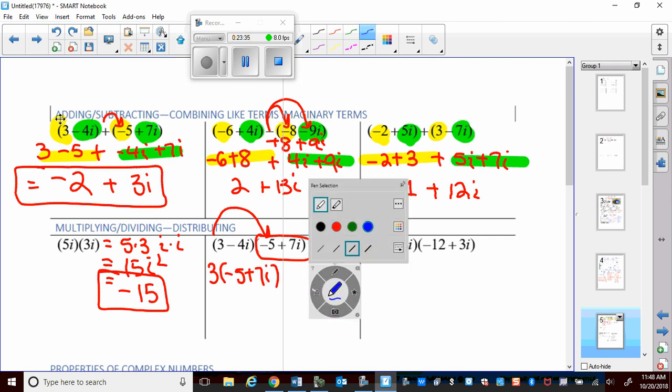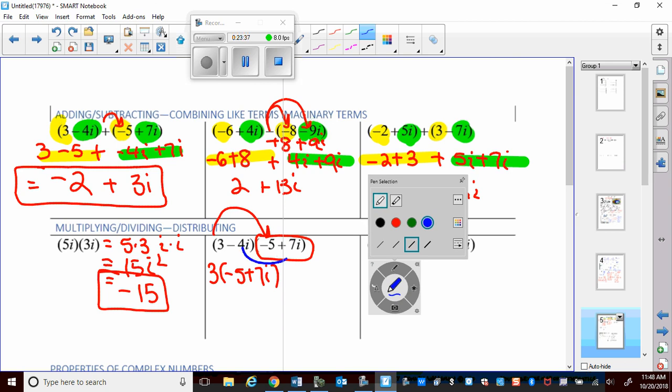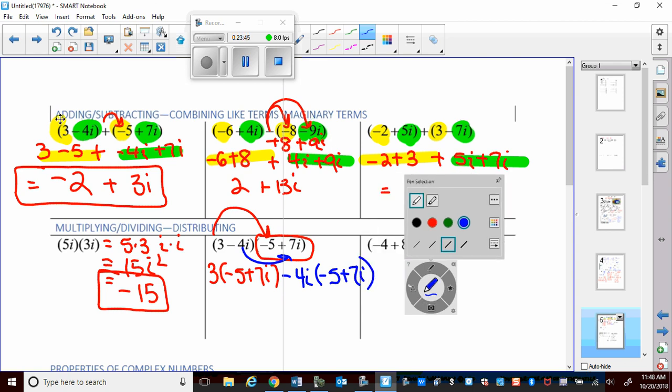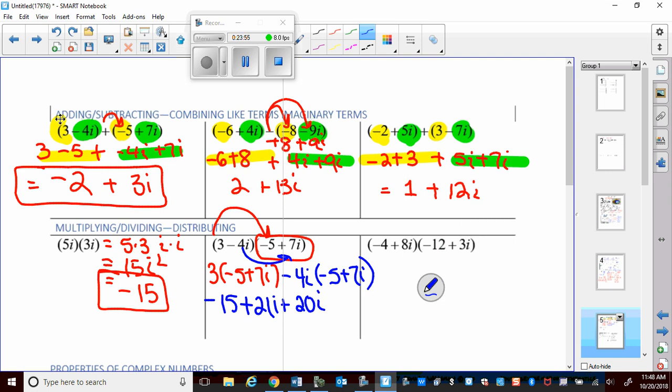And then second part, negative 4i's times negative 5 plus 7i's. And I have negative 15 plus 21i's plus 20i's minus 28i squared.